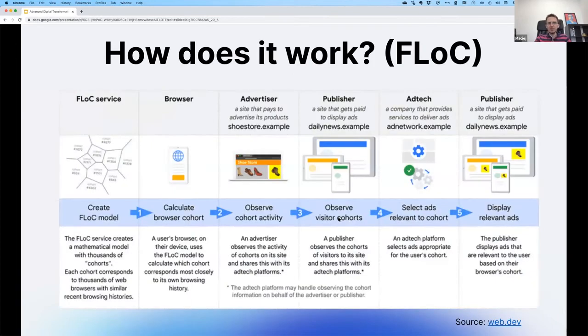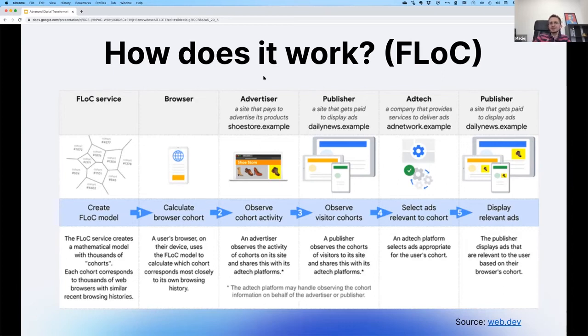So how does Flock work? Basically, Google creates this model that is part of our browser, and basically calculating this cohort. So for example, I'm interested in traveling, or I'm interested in buying a car, or I'm interested in fashion sites. And these are the examples of cohorts.